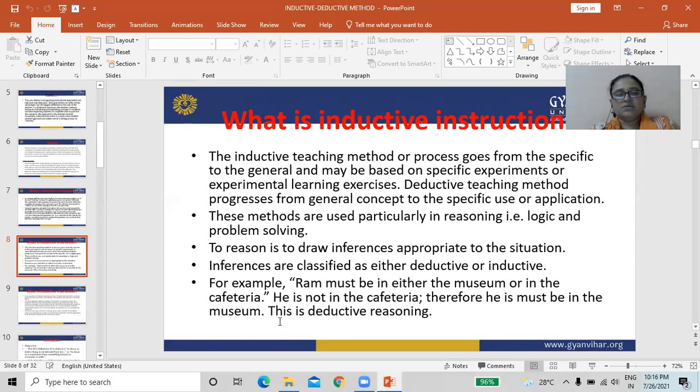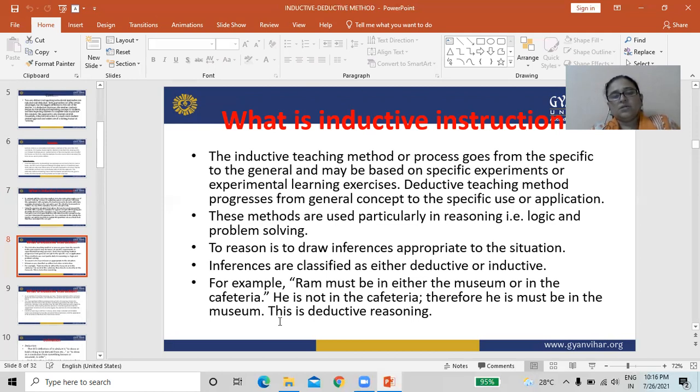The deductive teaching method progresses from a general concept to specific use or application. This method is used particularly in reasoning that is logical and in problem solving.